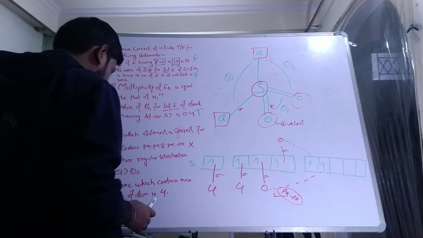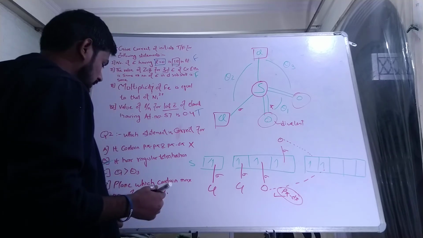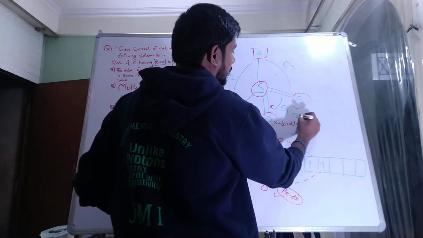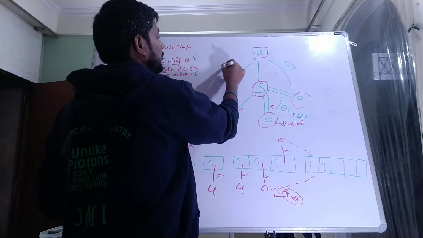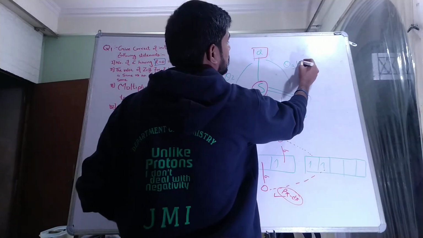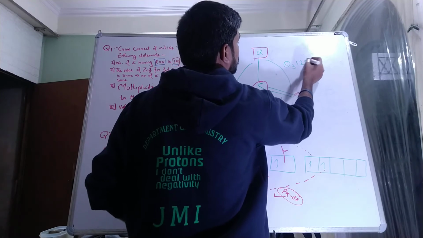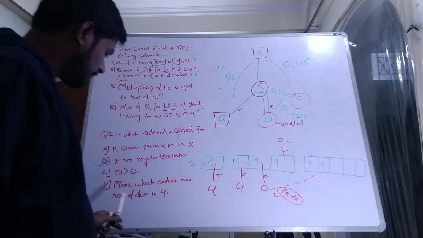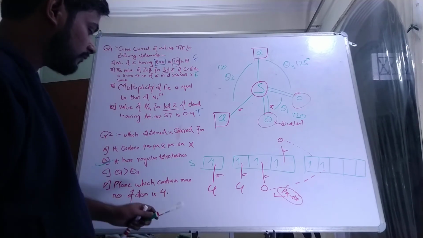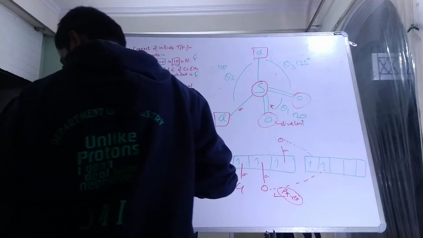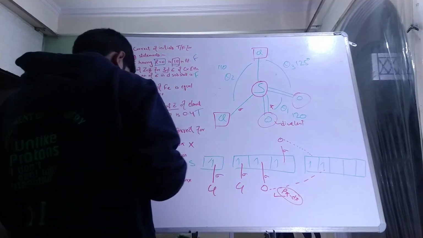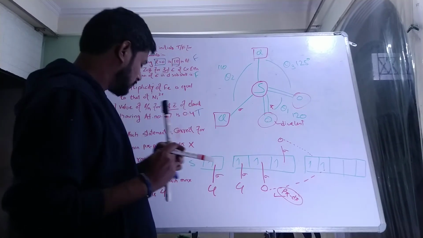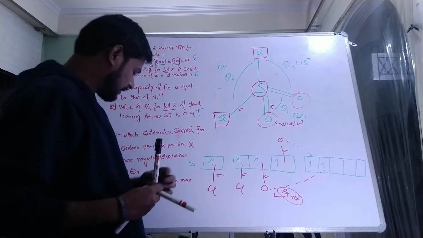And it is saying theta 1 is greater than theta 3. From SO2 we know that it is 120 degree, and it is approximately 110 degree, it is 125 degree. So this statement is also false. The last statement is that the plane which contains the maximum number of atoms is 4. From the tetrahedral structure we can verify this. The question is saying 4 atoms pass through a plane.